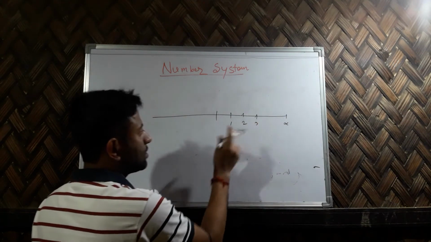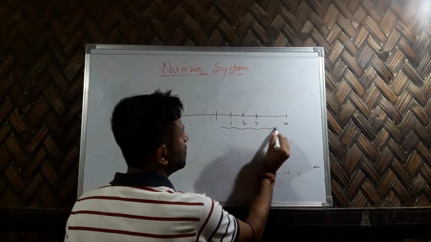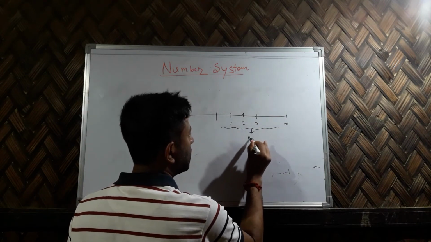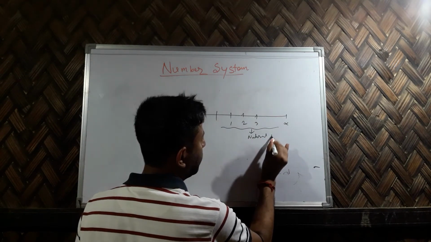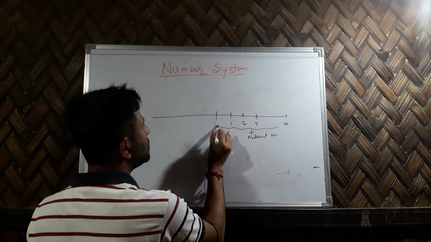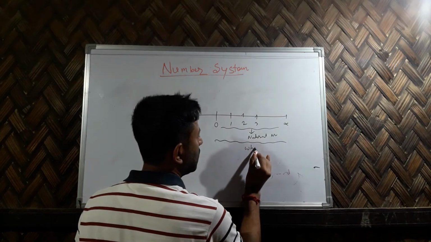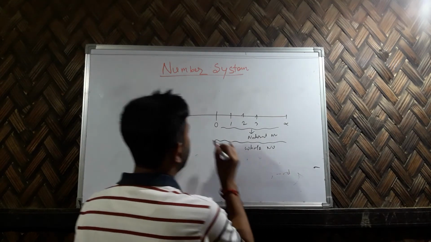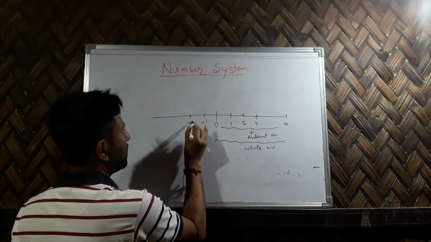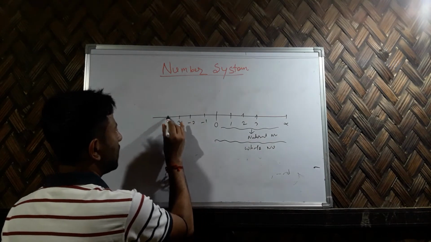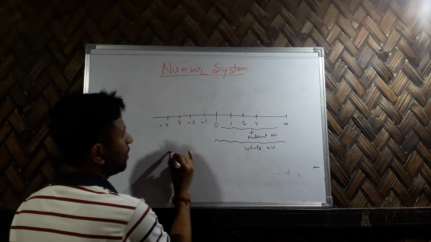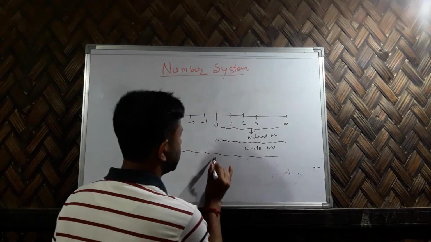So this is known as natural numbers. When I include 0, then this becomes whole numbers. Now when I add minus 1, minus 2, minus 3, minus 4, all these terms are known as integers.